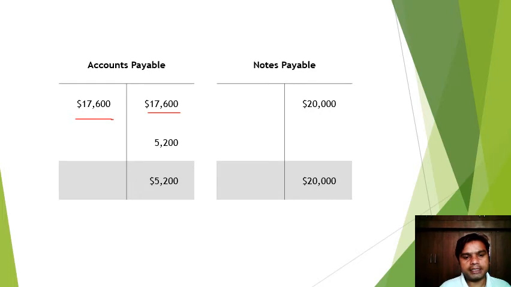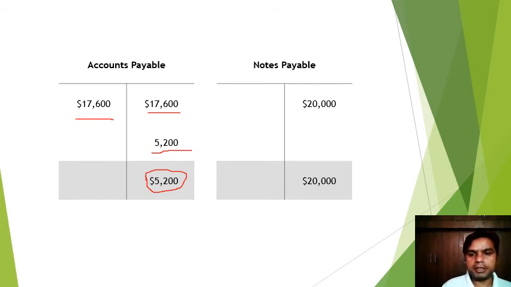So on the credit side we have posted accounts payable of $17,600 on January 4, and on the debit side, as we have paid, we have posted the same amount. On January 26 we again purchased office supplies on credit, so we have written the same amount on the credit side. So at the month end we have $5,200 as a liability in accounts payable.